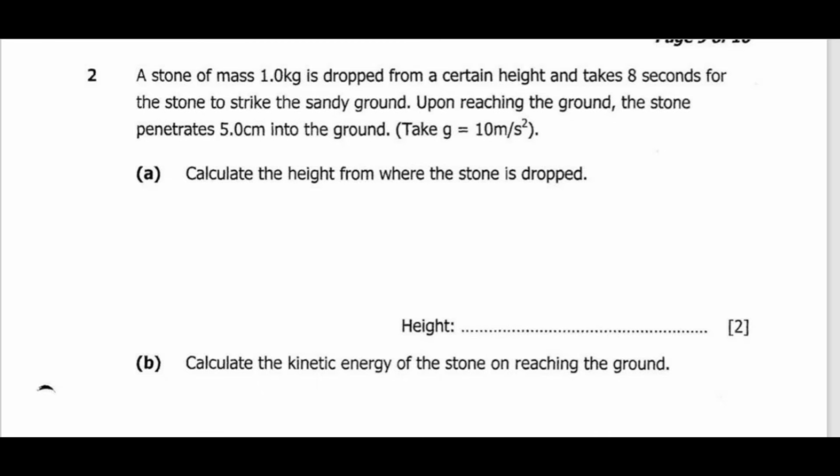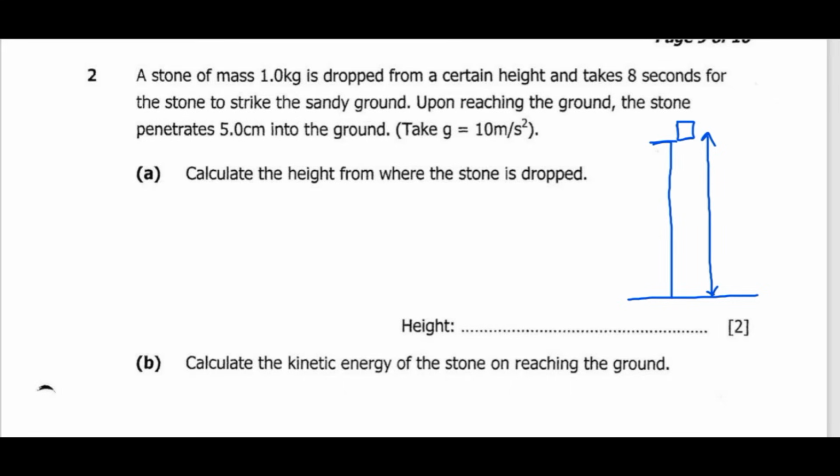So let's draw a visual diagram. So this is our building, and we are given the stone was somewhere here before it was dropped. Then the height in between the original point of the stone and the ground, that's what we want.